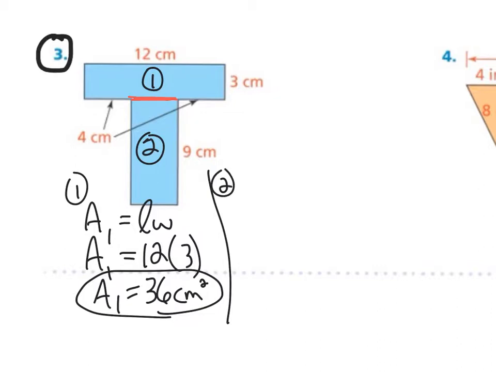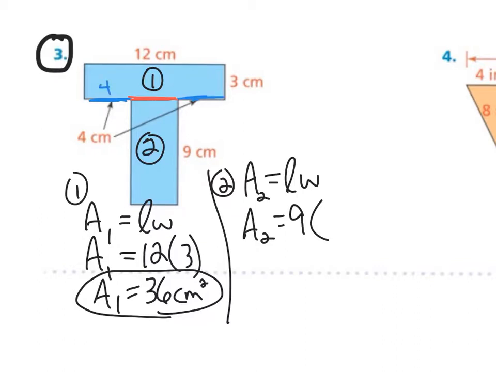Now we're going to find the area of our second rectangle. So our longer dimension on this rectangle would be the 9 centimeters. The question is what the width is, which is that red line we drew in. Using the information they've given to us, if this is 4 centimeters here, and this is 4 centimeters here, if you look at the top, that was a total of 12.